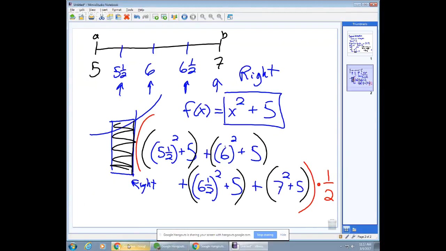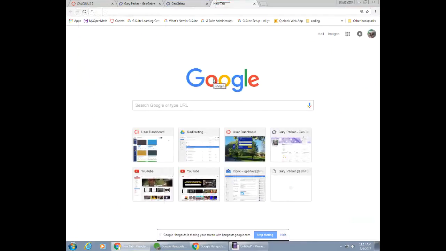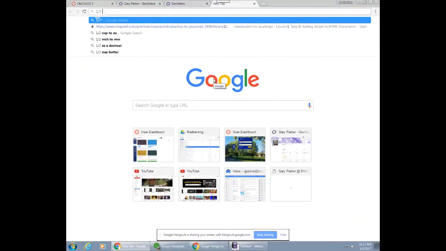So now I'm going to try that on my calculator, and I think I'll go for my regular one. So I'm going to have 1/2 times parentheses 5 1/2 squared plus 5 plus 6. Yeah, it's just 6, right?